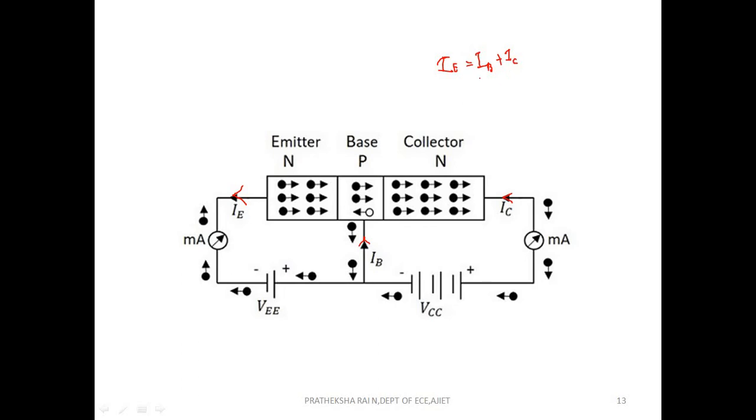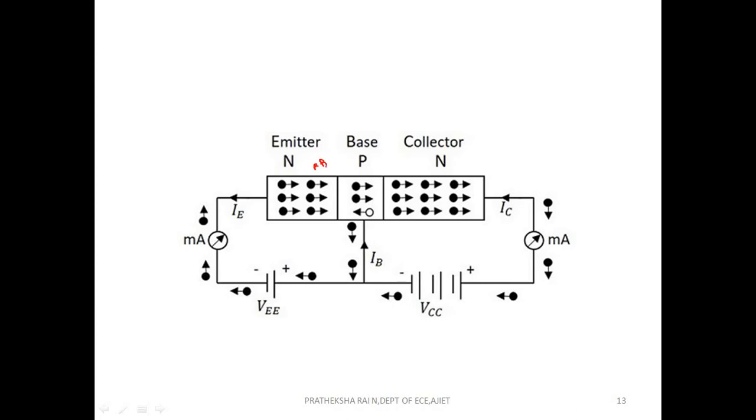And also we know that since the doping is very light in the base, only a few of the electrons can flow, and because of that the base current is very small. That's why we can write that IE is almost equal to IC. Now one more important point you have to observe here is that this region is forward biased, FB.